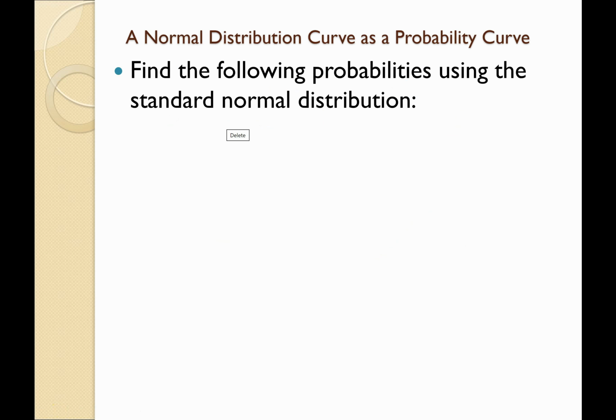Now you might also be asked to find the probability using the standard normal distribution. You will see notation that looks like this. All you're doing is finding the area between 0 and 1.69.